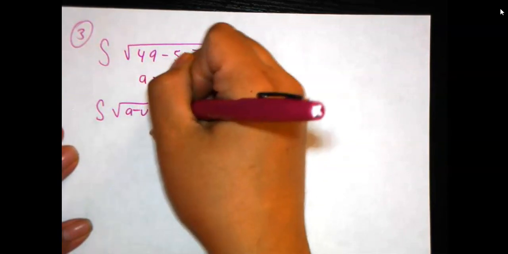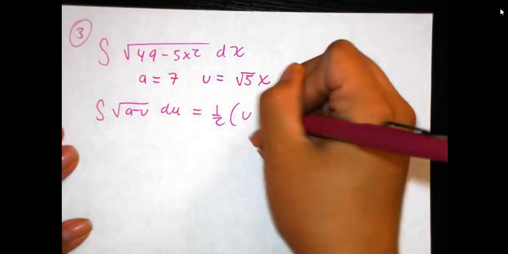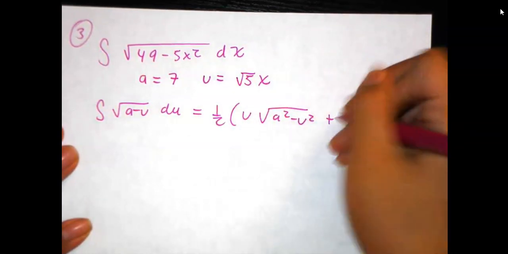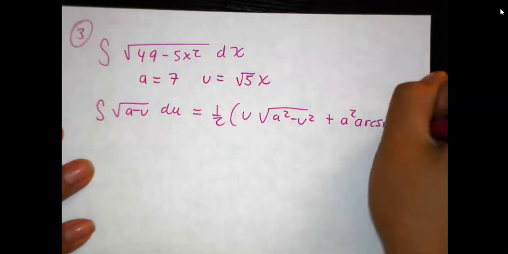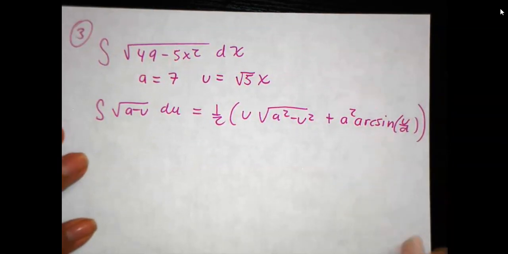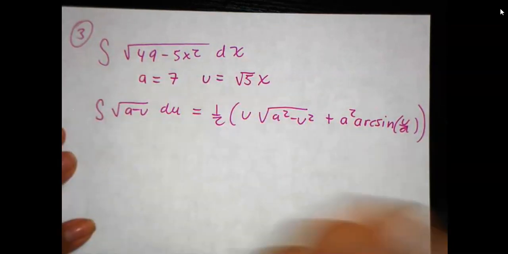The formula is the integral of the square root of a squared minus u squared du, and the formula says 1/2 u times the square root of a squared minus u squared, plus a squared arc sine of u over a. That's the formula. You can go back to the slide. I just copied it from the slide.